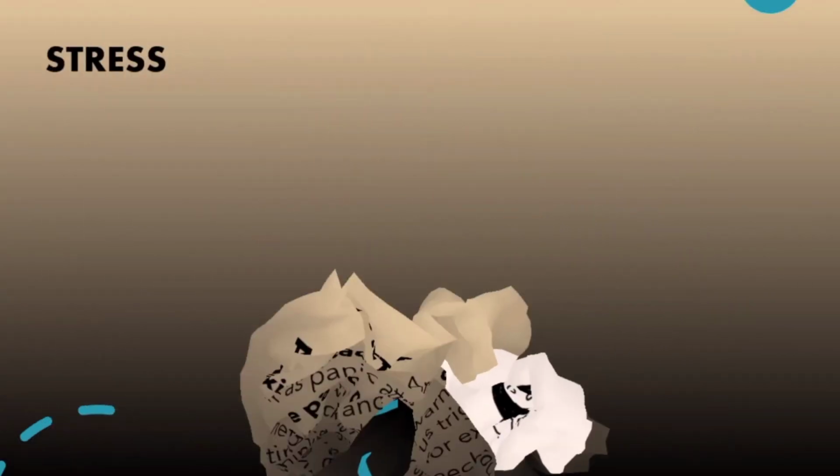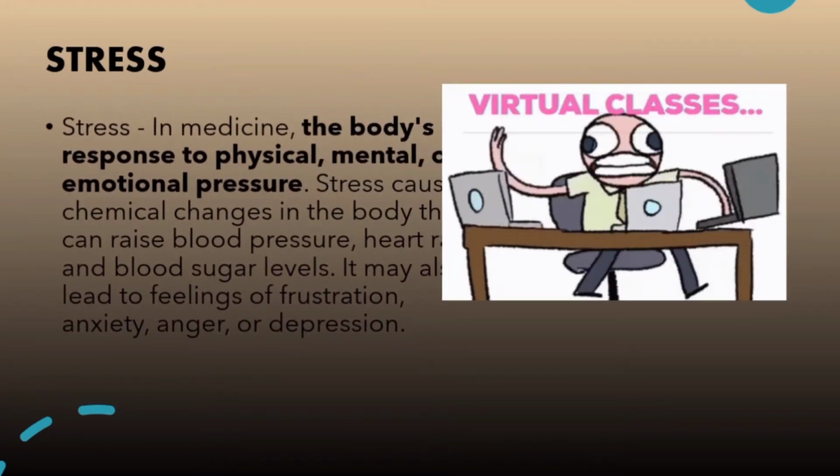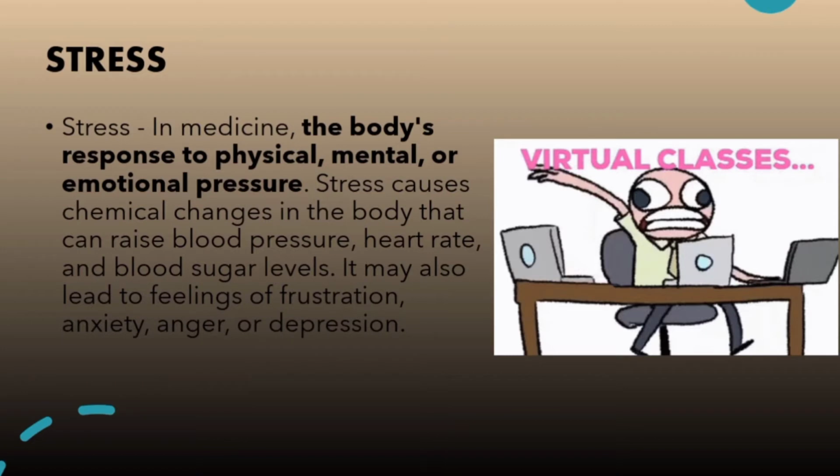So next in the slide is stress. Stress in medicine is the body's response to physical, mental, or emotional pressure. Stress causes chemical changes in the body that can raise blood pressure, heart rate, and blood sugar levels. It may also lead to feelings of frustration, anxiety, anger, or depression.